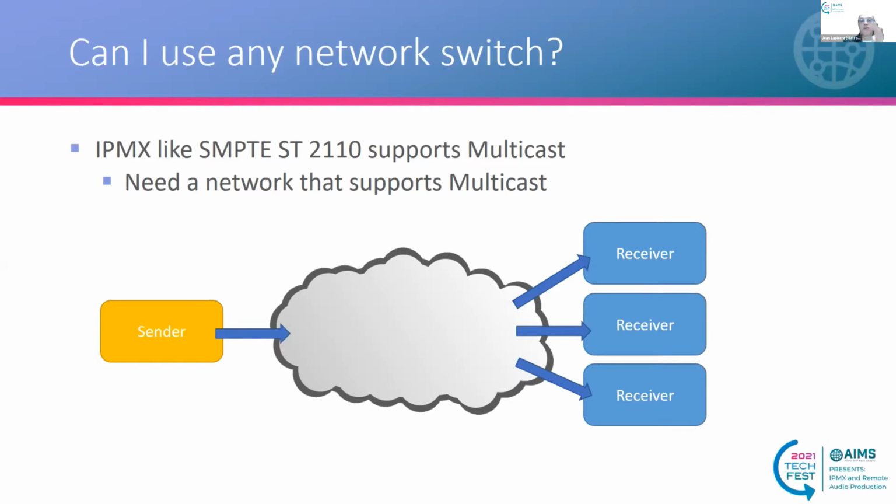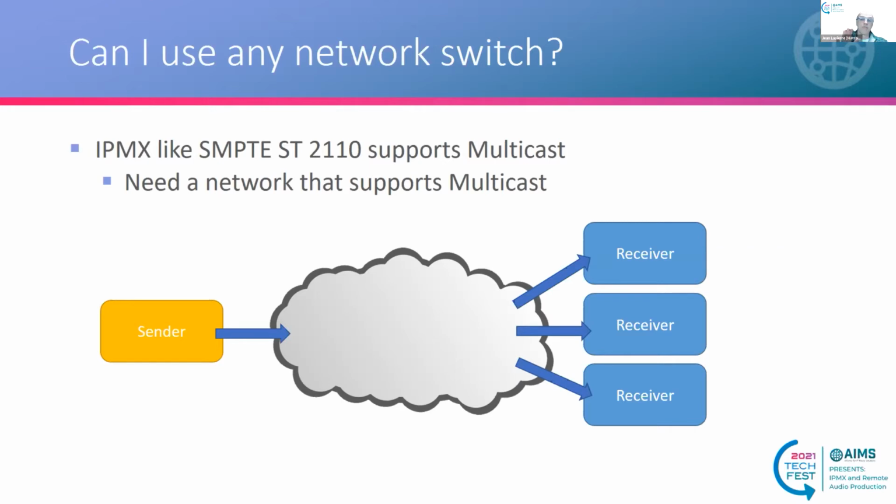Most AV networks that have multiple monitors displaying the same content will use multicast to reduce the traffic and the load on the sender. In the example I have here, there's one sender and 3 receivers, everything connected to the same switch, a really, really small network. I think even a consumer grade switch would do the trick.